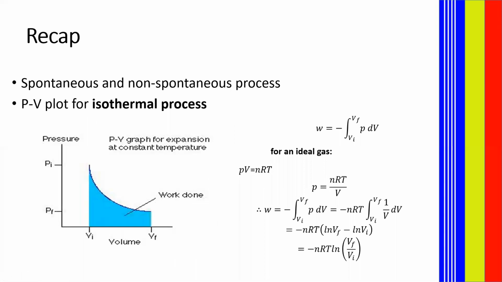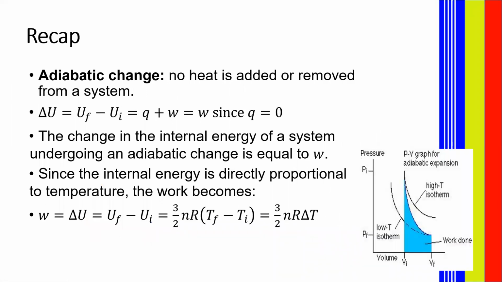Right, let's recap what we have done previously. We talked about spontaneous and non-spontaneous processes, also the PV plots for isothermal and adiabatic processes.